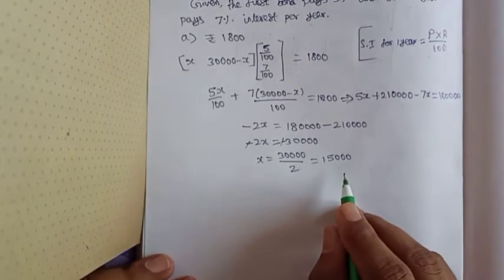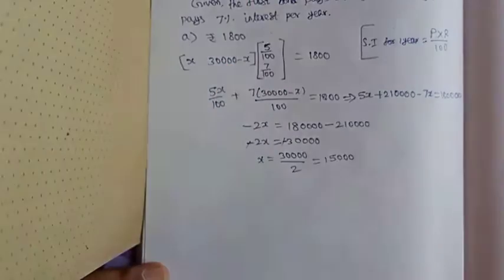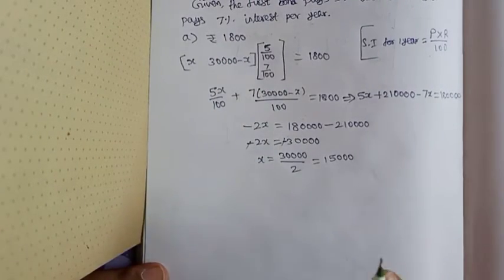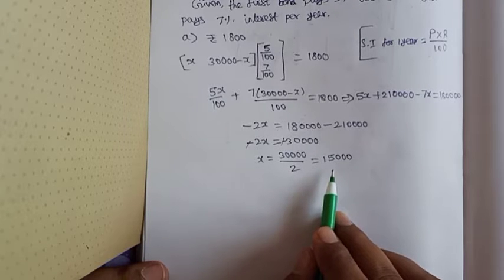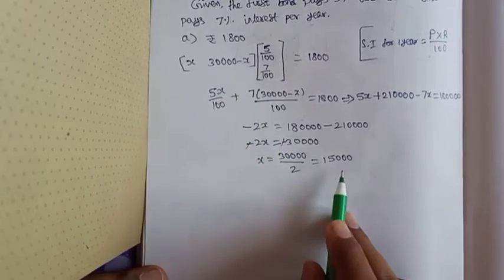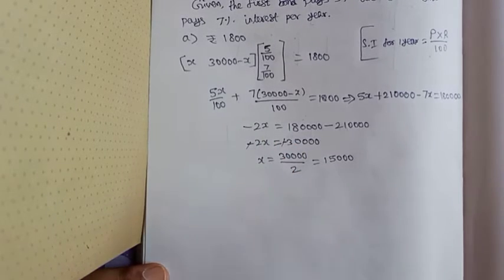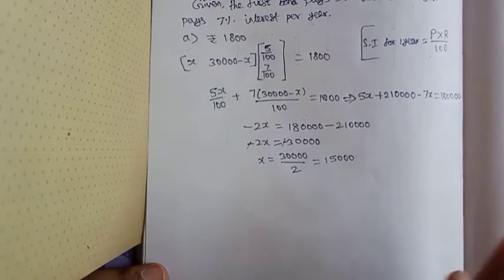Therefore, to obtain an annual interest of rupees 1,800, the first bond should be 15,000. The remaining amount is 30,000 minus 15,000, which is 15,000, so the second bond is also invested in 15,000.